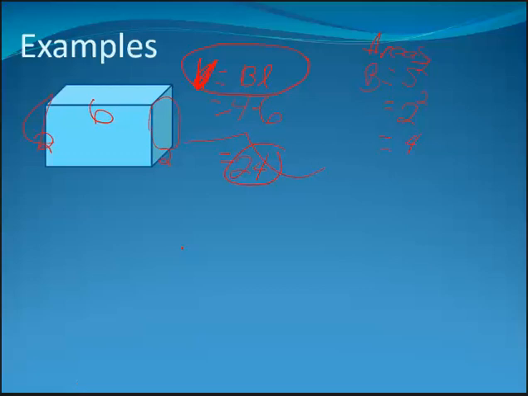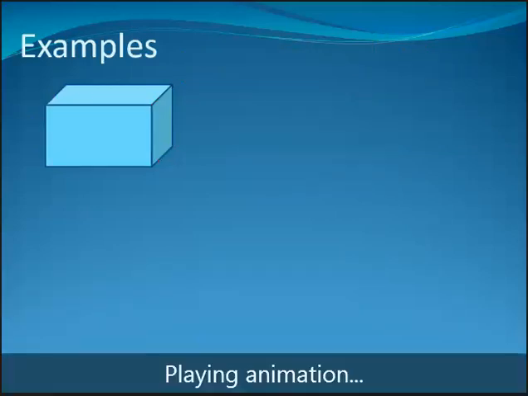Let's erase all that and do another one. Is this a prism or a pyramid? It is a pyramid. The volume of a pyramid is 1/3 the area of the base times the height. Again, we need some numbers in here.